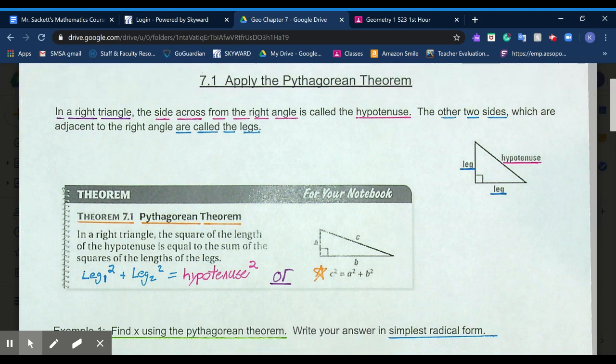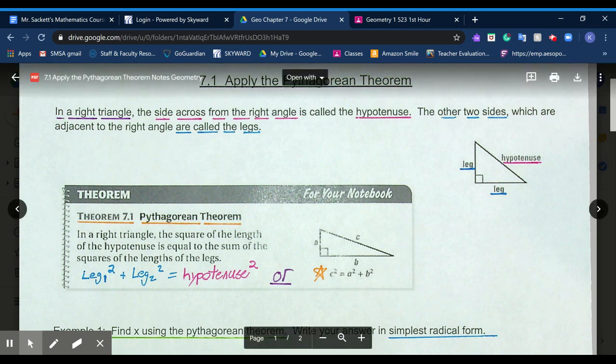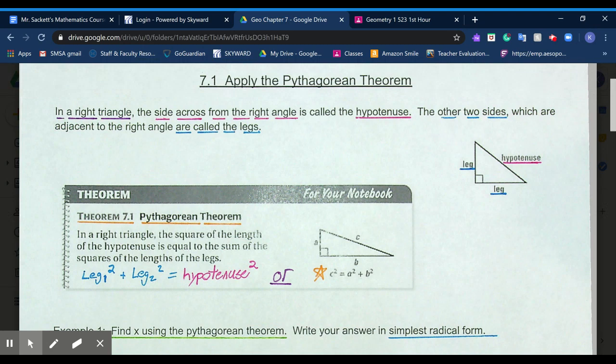In these Pythagorean equations, the hypotenuse, the side opposite the 90 degrees, is always the letter c in your equation. And then a and b are always the legs. It doesn't matter which leg you make a or which leg you make b.